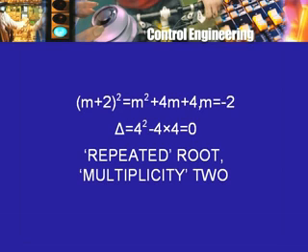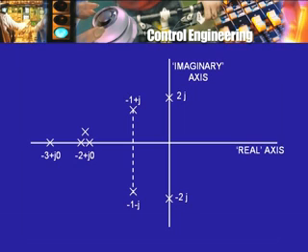So the two roots were -2 and -2. So I will show them on this diagram by putting a cross here, and I will put the two crosses very close to each other, suggesting that they are really the same, and I will put down here -2, or because in general a point here anywhere represents a complex number, I will write this as -2 plus j0.